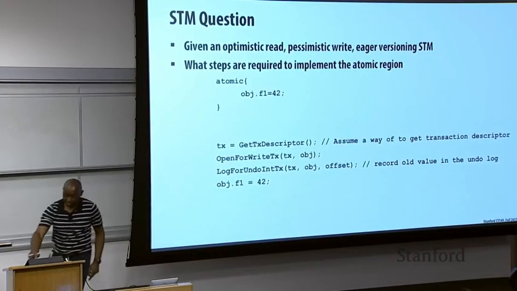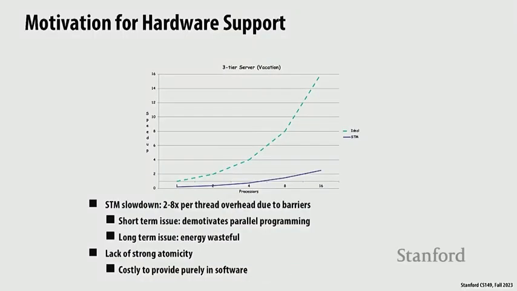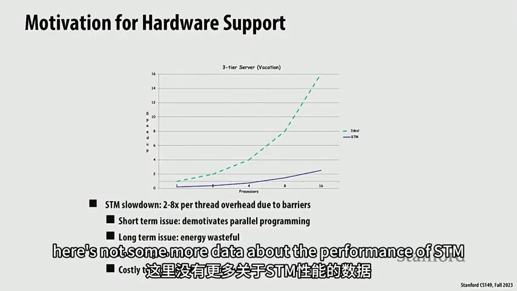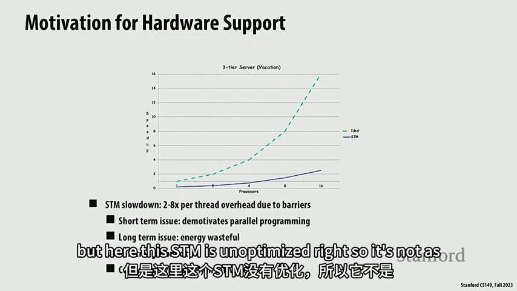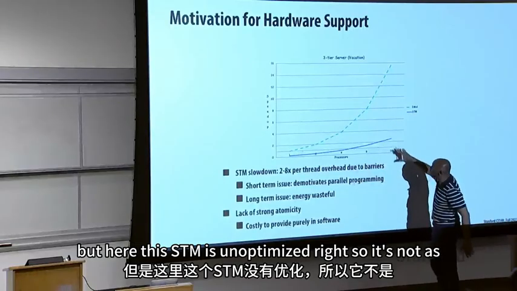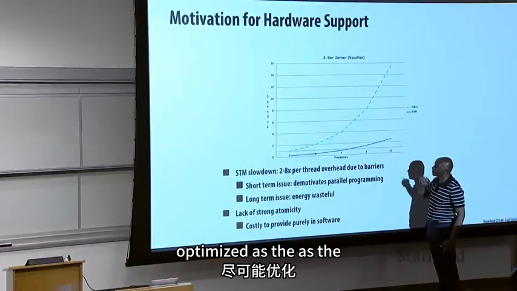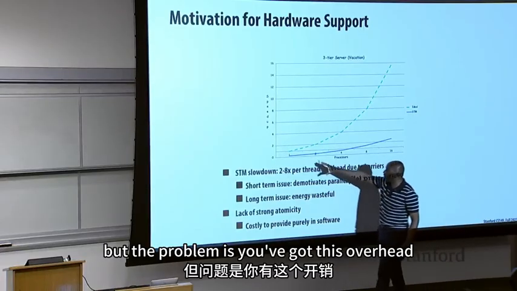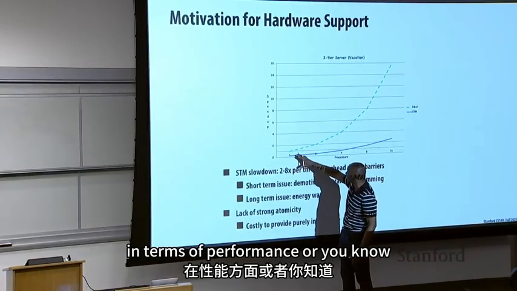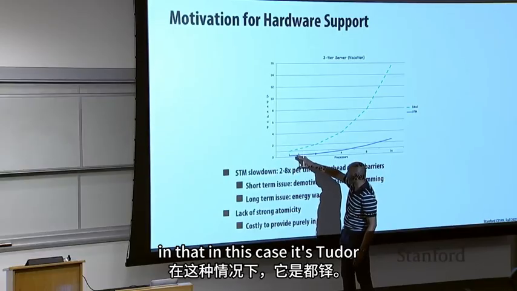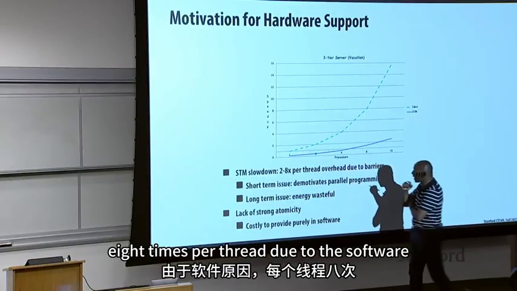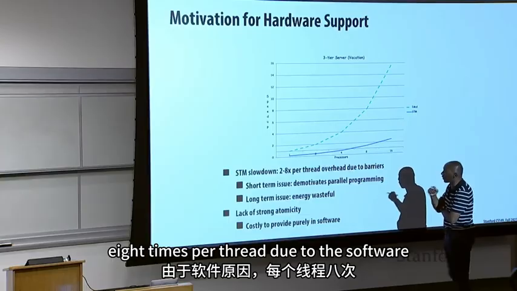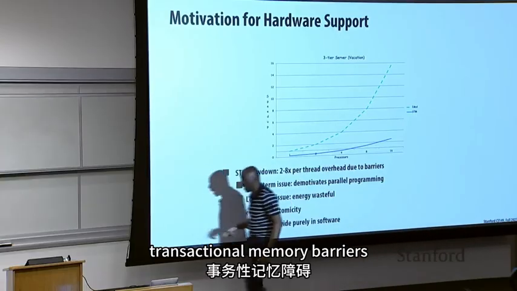Good. All right. So, here's some more data about the performance of STM, but here this STM is unoptimized, right? So it's not as optimized as the McCarty example with the compiler optimizations I just showed you. But the problem is that you've got this overhead in terms of performance, in this case it's 2 to 8 times per thread due to the software transactional memory barriers.